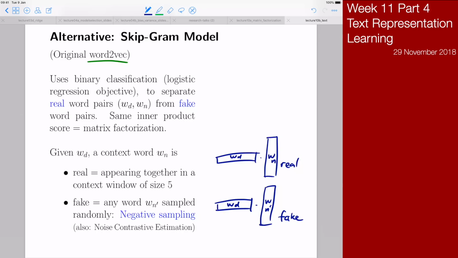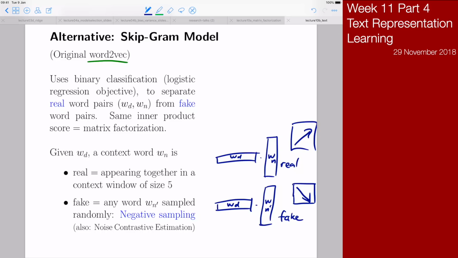But what we want is that our word with the real word, which I just saw together as I screened through my text, I see them appearing together, so I want this to be a very high score. And the fake word, which is a randomly sampled one which does not appear with me, I want this to be a low score, so probably a negative score.